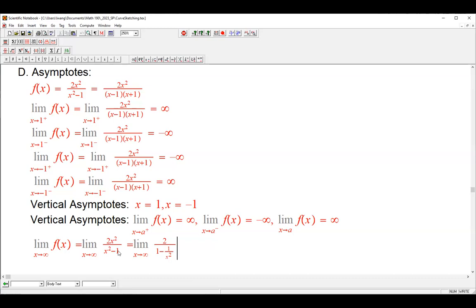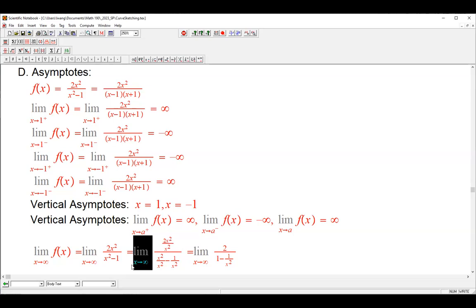I hope you understand what I did here. Let me insert another step. I divide this piece by x squared. There's a common technique we used before when we were in the limit section.